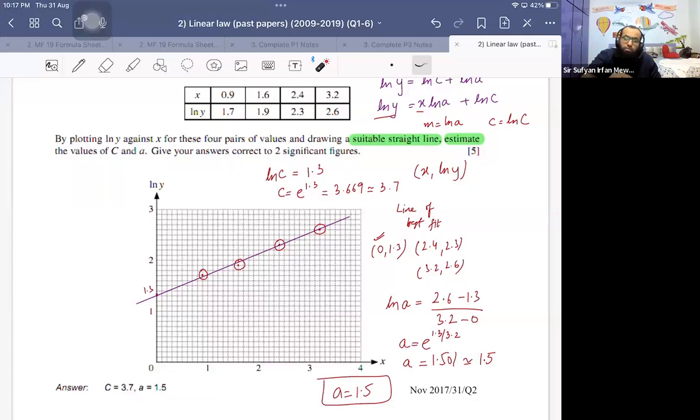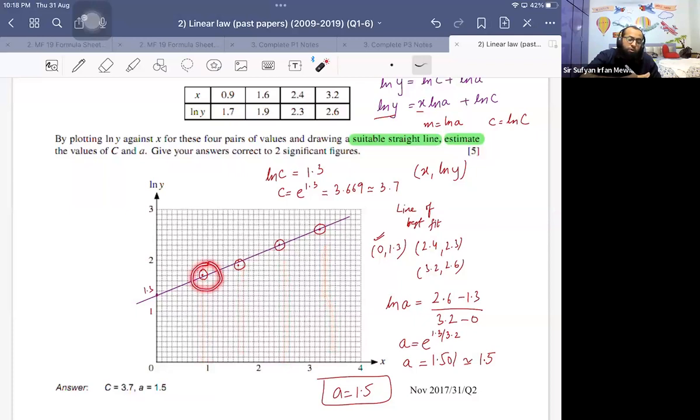What we can do is recite Rabbi Zidni Ilma before we attempt the paper. And then we can plot the points 0.9, 1.7, then 1.6, 1.9, 2.4, 2.3, then 3.2, 2.6.